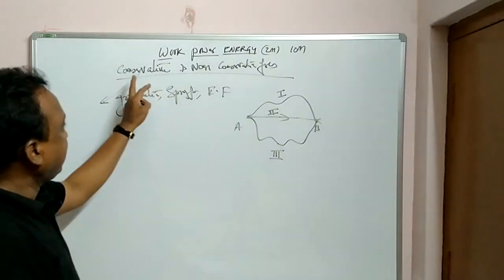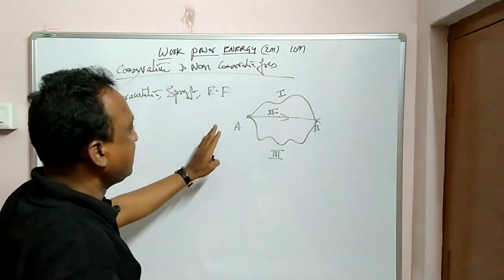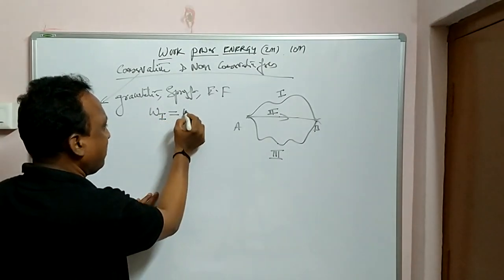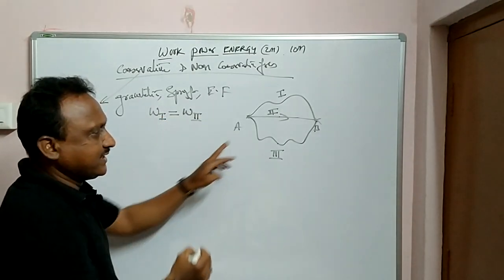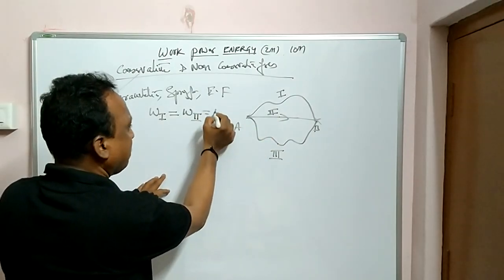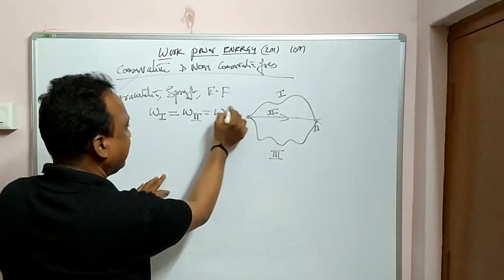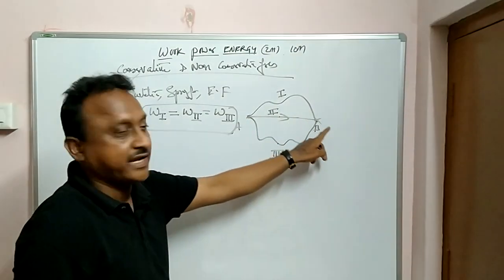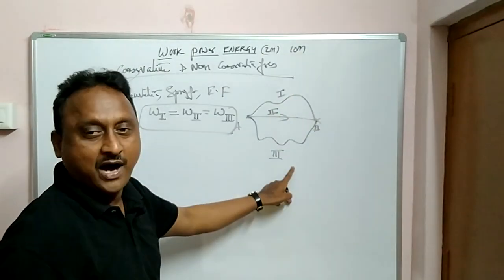That means in conservative forces, the work done in the first case is equal to the work done in the second case is equal to the work done in the third case. That means it depends upon the initial and final point, but not on the path.